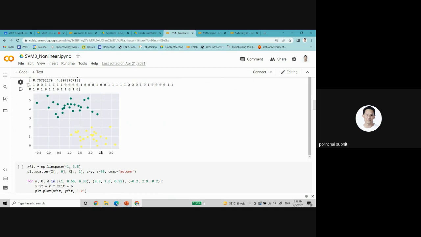And actually, for SVM, you may have heard of the parameters like the C parameter and the gamma parameter that we mentioned earlier. So next time I will talk about how to set these values in the code.